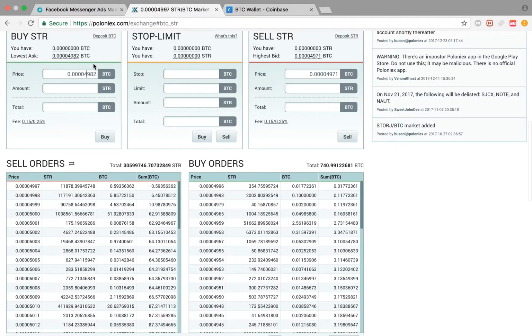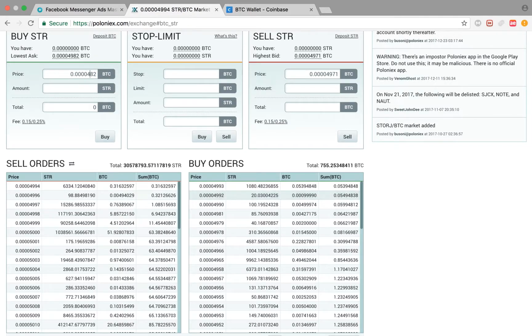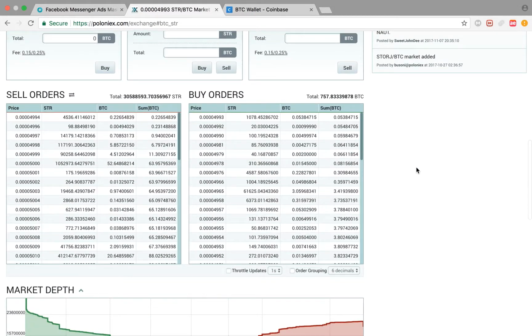Now, why should you do that? Well, sometimes you can simply change the buy order or the sell order, and then later on the transaction is going to be done. For instance, you write in here a very low price at which you want to buy, let's say 0.00004482. Then when you place the order, it will not go through immediately.